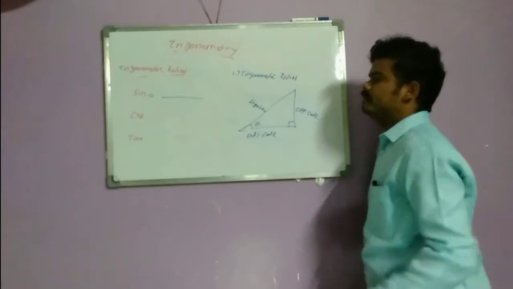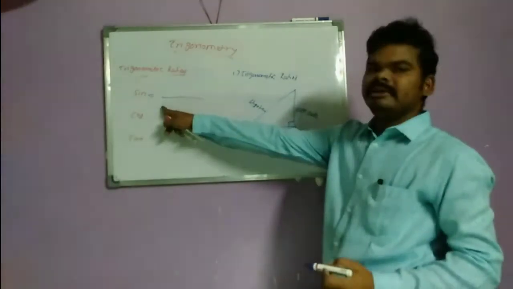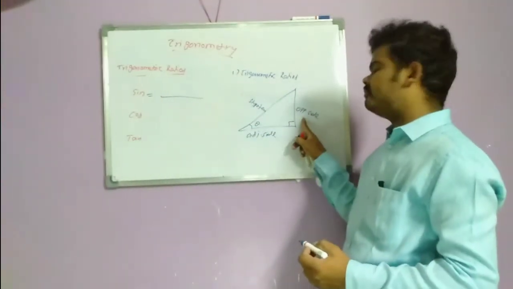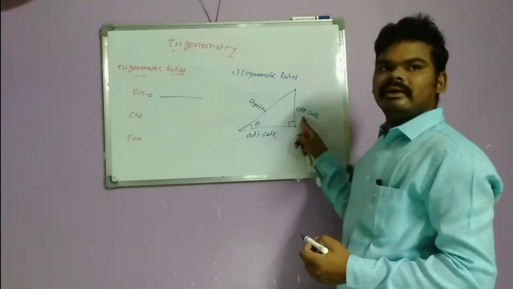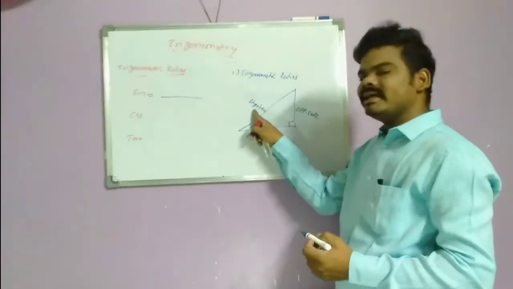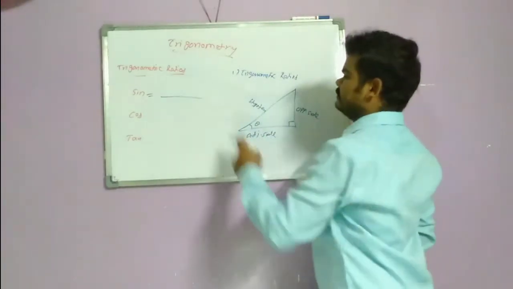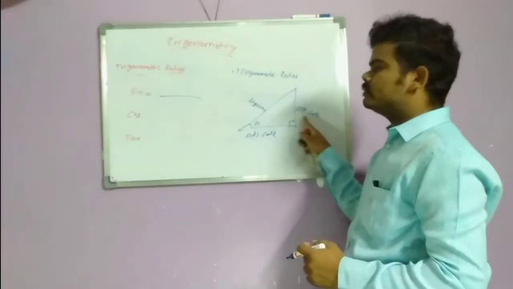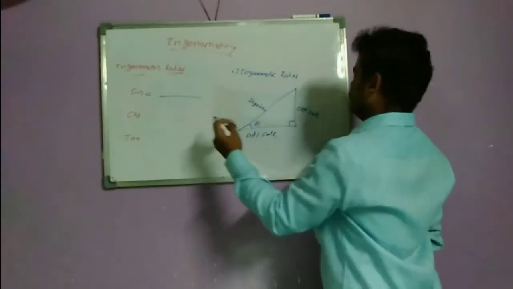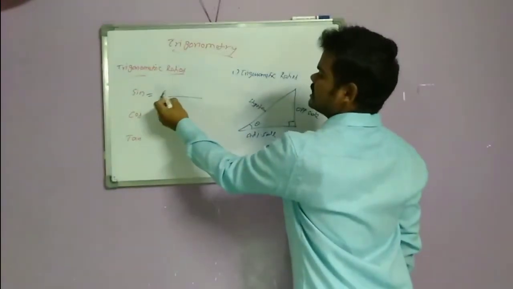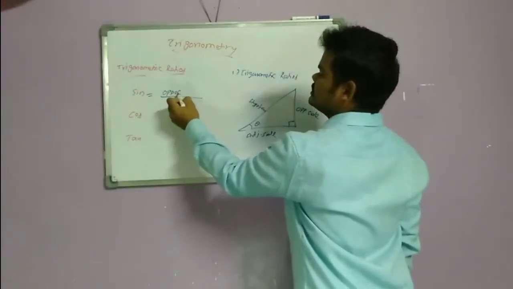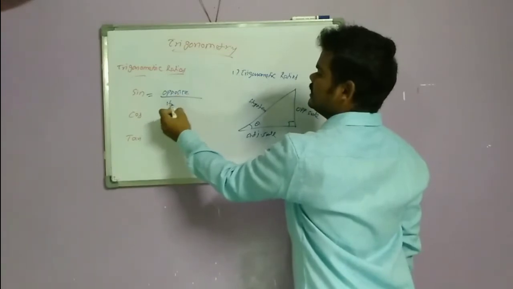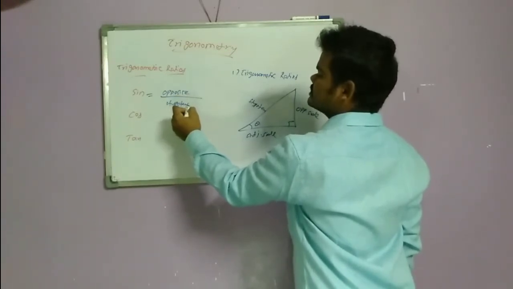This is the hypotenuse. Sine can be defined as the ratio of the opposite side of an angle to the length of the hypotenuse. Therefore, sine is opposite side by hypotenuse.